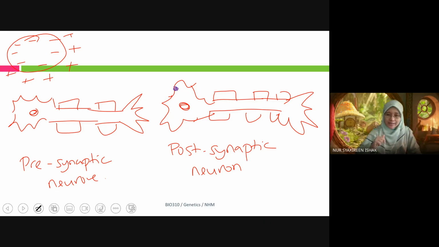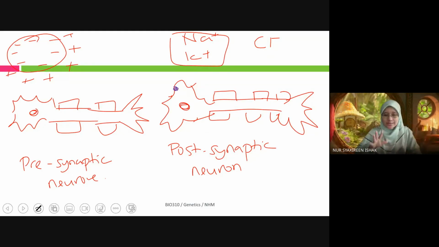Apa yang menyebabkan charge dalam bertukar daripada negatif jadi positif disebabkan oleh pergerakan ions. Ion-ion yang terlibat selalunya adalah sodium ion and also potassium ion, dan juga chloride, negatively charged ion. Tapi kita nak fokus kepada dua ni, sodium and potassium ion.